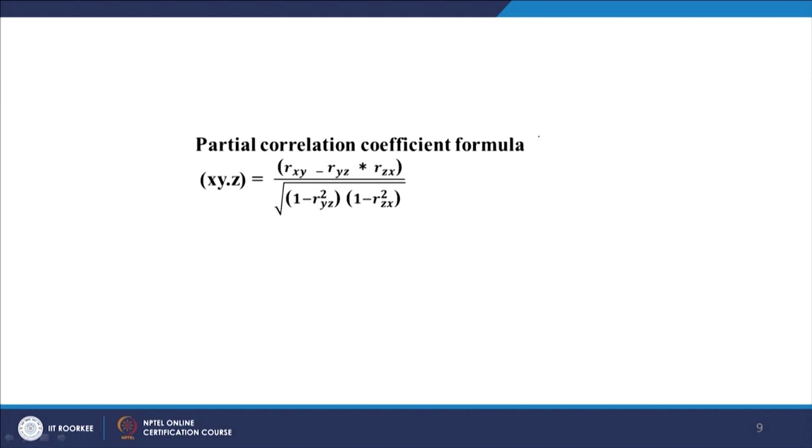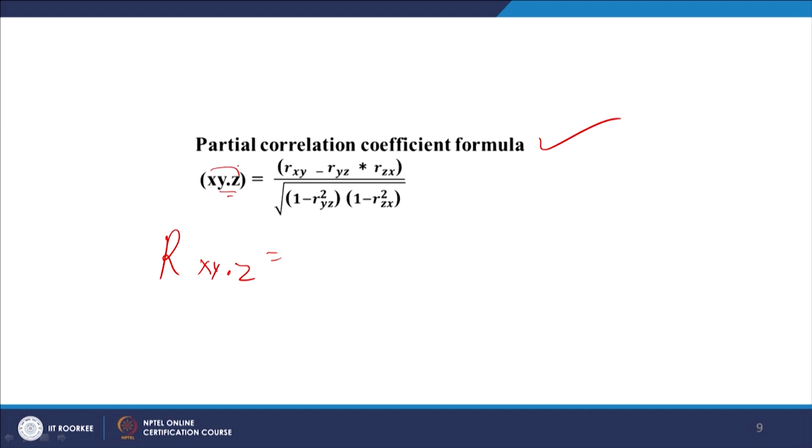So, the partial correlation coefficient formula is now. What we are saying is, we need to find out the relationship between x and y controlling z. So, the formula is this one. It is equal to the relationship between x and y, minus r yz into r zx, divided by the root over of 1 minus r square yz into 1 minus r square zx.